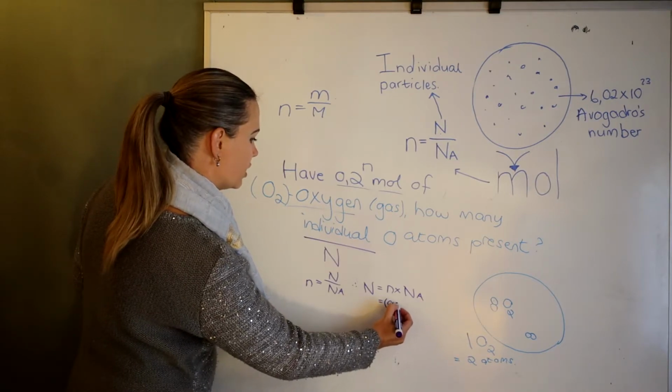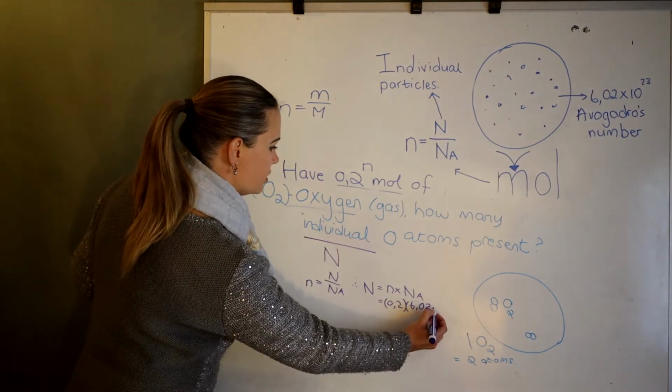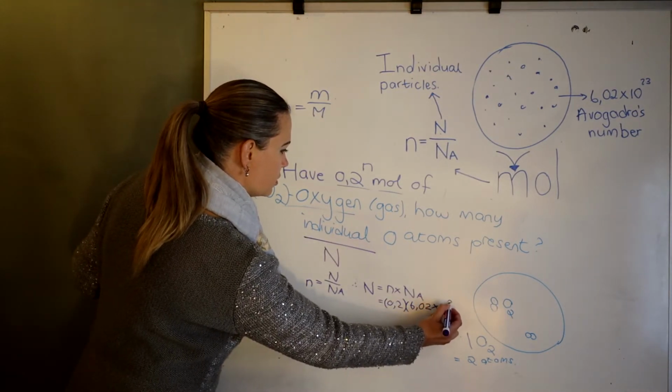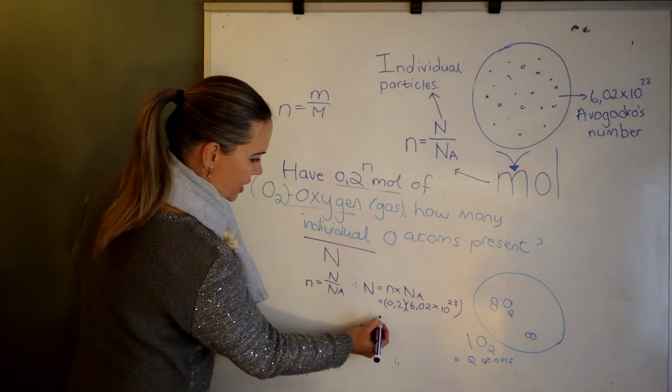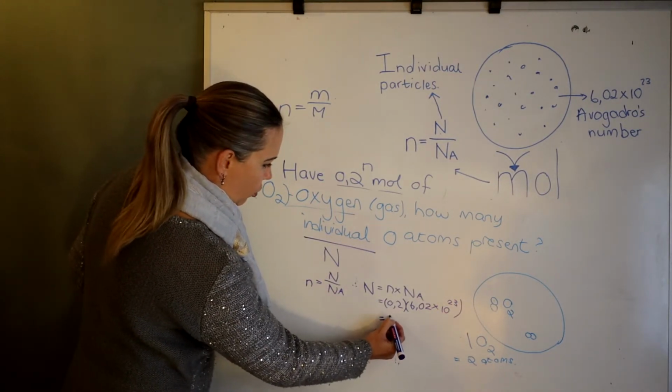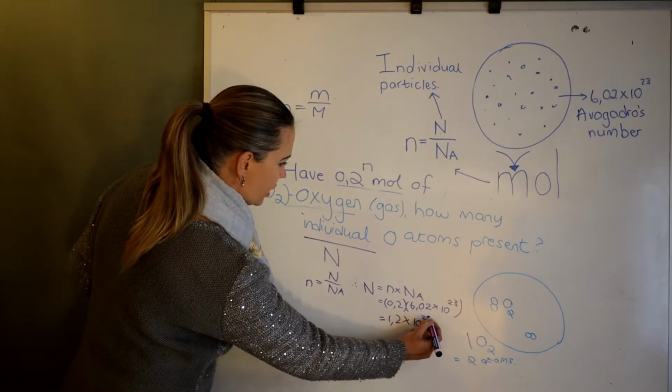Zero comma 2, the number of moles, times Avogadro's number. That gives us again 1,2 times 10 to the power 23.